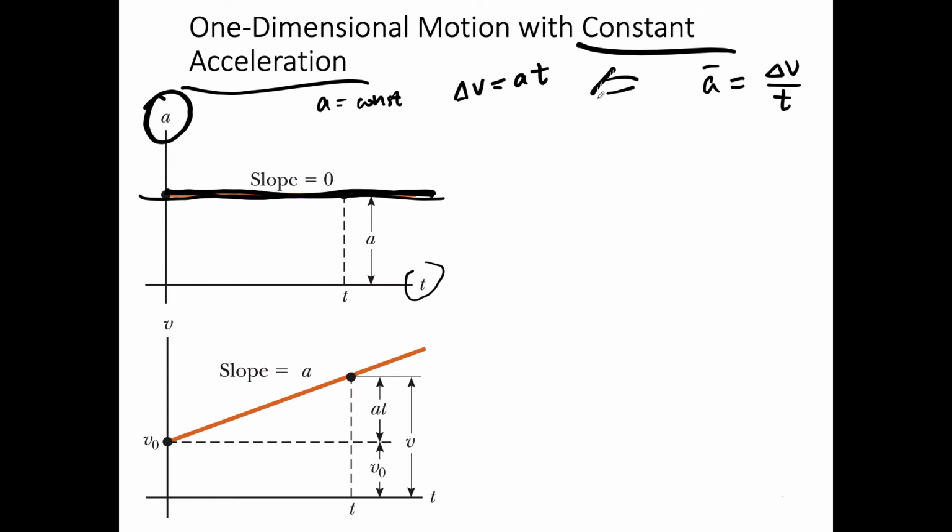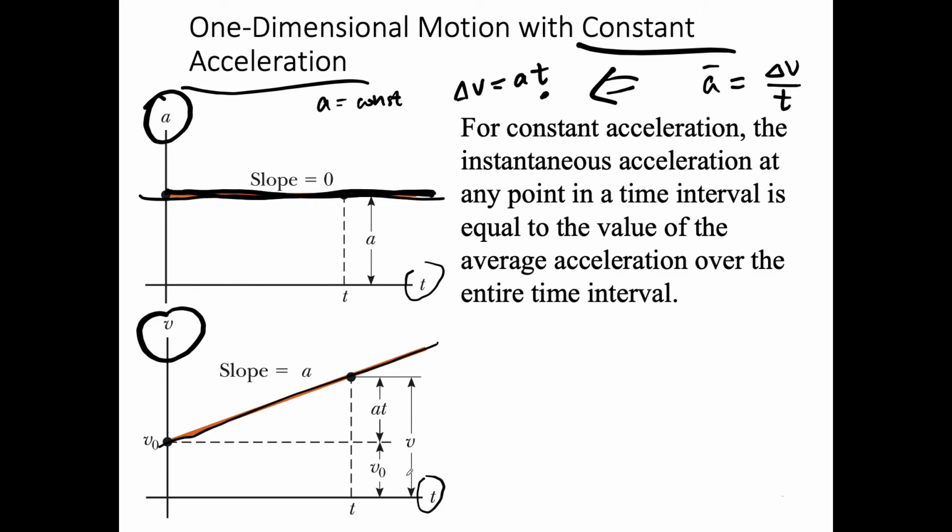So v is a times t, which gives us that v is proportional to t and the proportionality constant is a. So the slope on this velocity versus time graph gives us the acceleration, and the slope is a constant. So v versus t should give us a straight line with a slope if a is not 0.